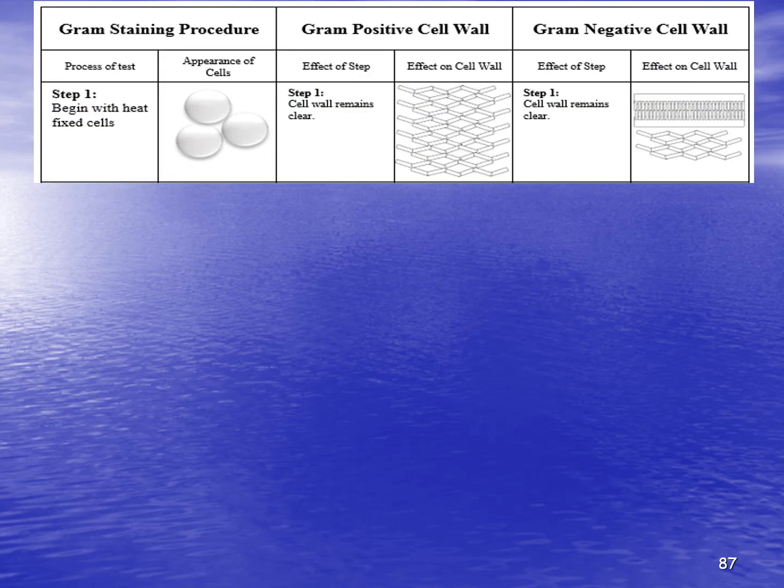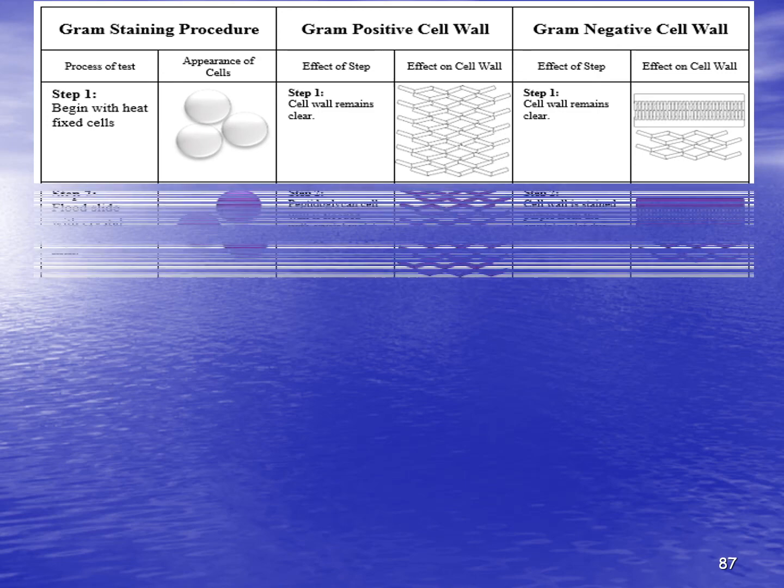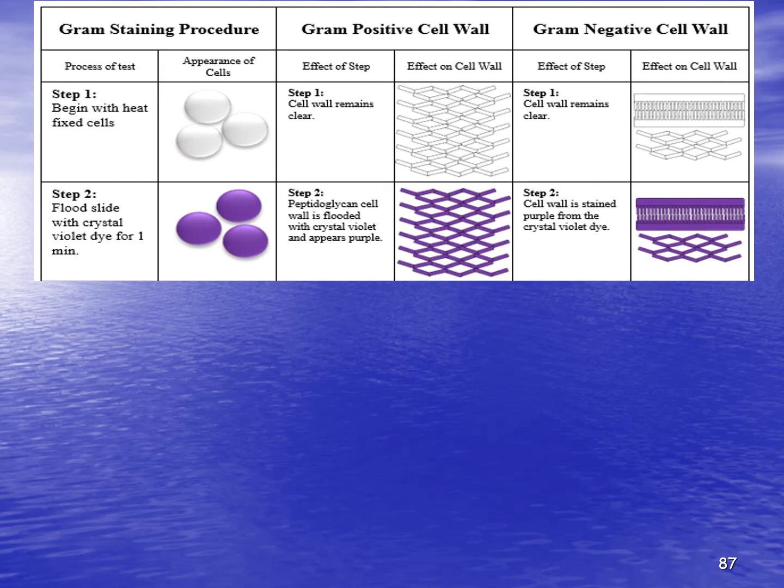Now, the first thing that we're going to do is place our smear on our slide and heat fix it. This effectively fixes the cells to the slide. Our primary stain in the gram staining process is crystal violet.